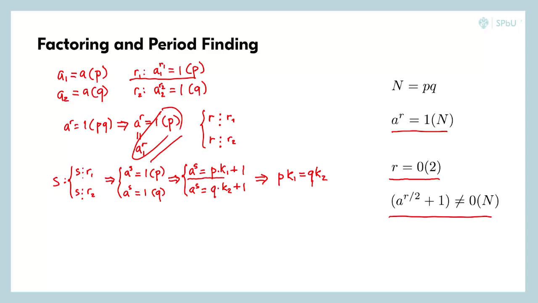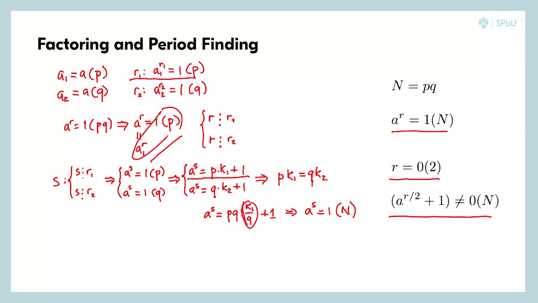And then this equation we can rewrite like a to the power s equals pq times some integer, which is k1 divided by q, so note this is an integer, plus 1, which means that a to the power s equals 1 modulo pq, which is n.